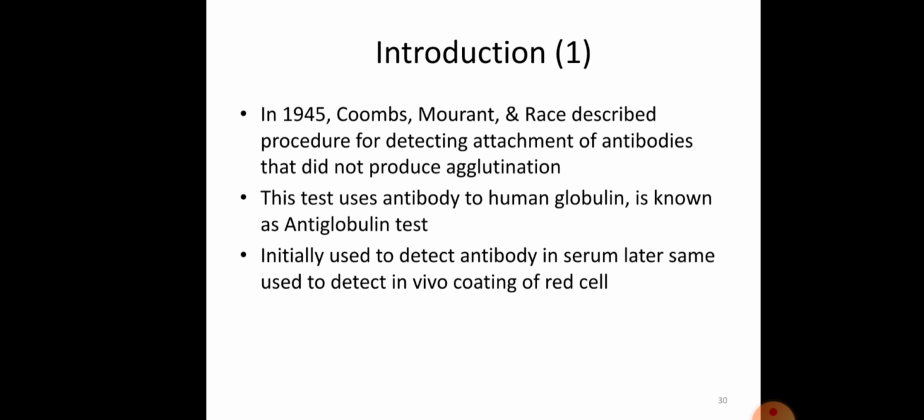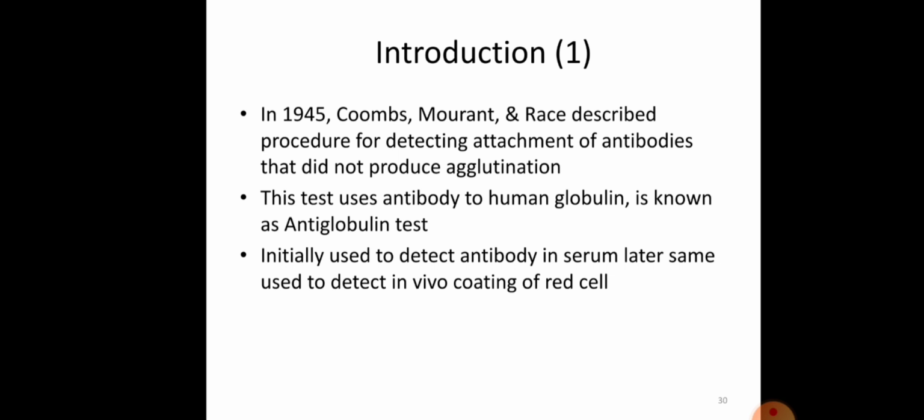Now, what is the principle, what is the usage, and how to describe the Coombs? So, in 1941, Coombs, Mourant and Race described the procedure for detecting attachment of antibodies that did not produce any agglutination. Okay, and this test, which uses the antibody to human globulin, is known as the antiglobulin test.